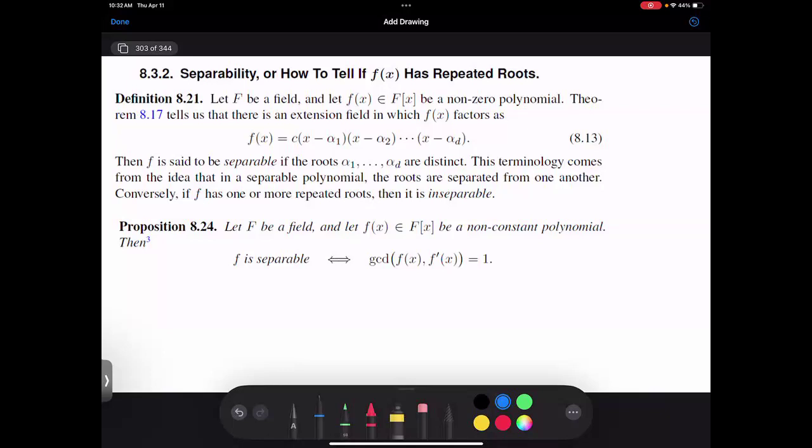But for derivatives, you need a kind of continuous spectrum to work with. You want the limit as h goes to 0. We don't have that in an arbitrary field. So what if we just ignore that? We only need derivatives for polynomials. And let's create what we'll call the formal derivative. Anybody want to give me a proposal for what the formal derivative of x to the n should be?